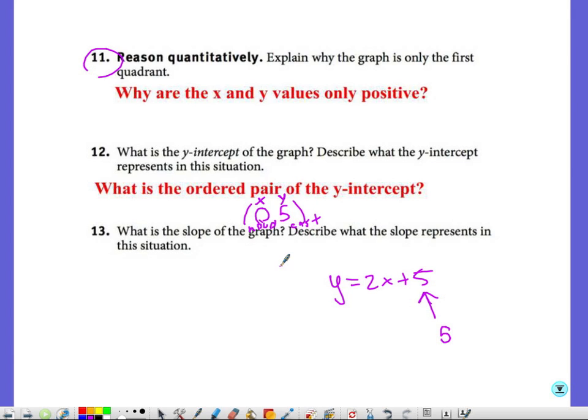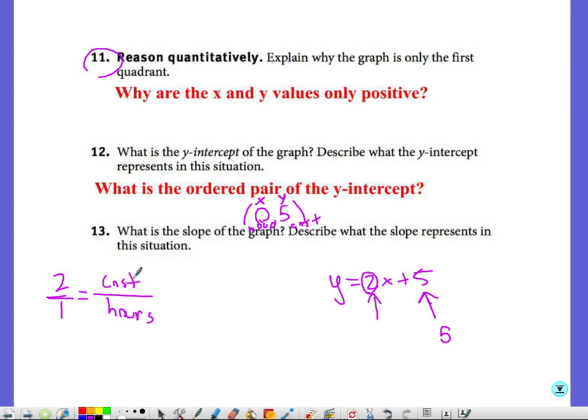Number 13, what is the slope of the graph? Describe what the slope represents in this situation. Remember that the slope is 2. Now let's write that in fraction form. So it's 2 over 1. And the 2 again represents the cost over 1, where the 1 represents the hours.